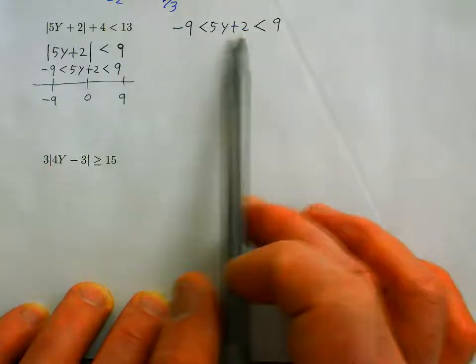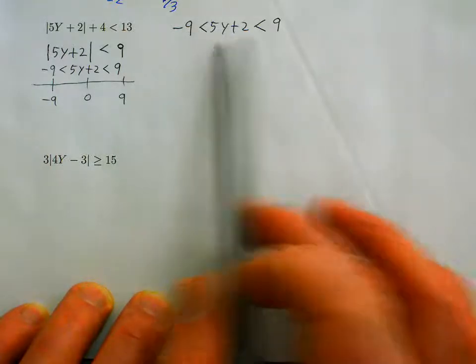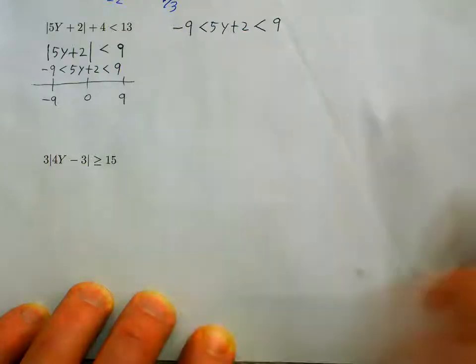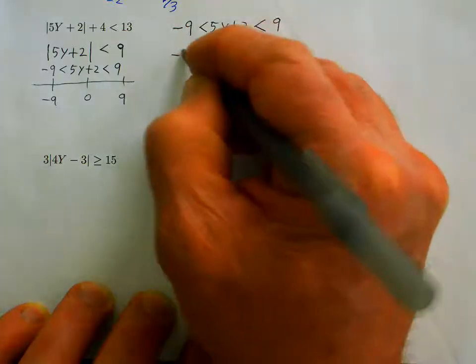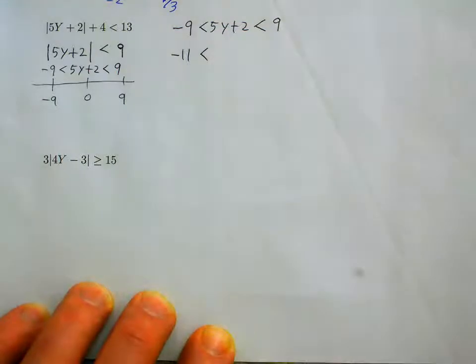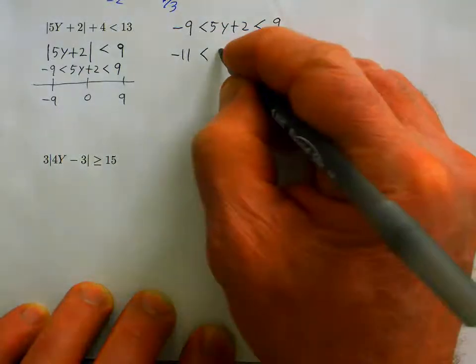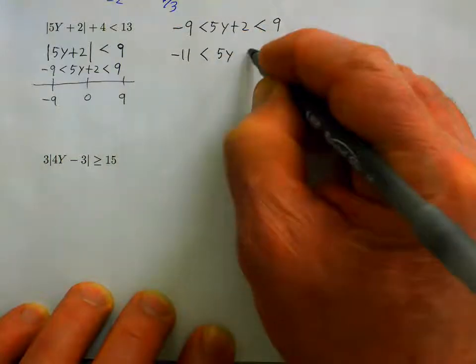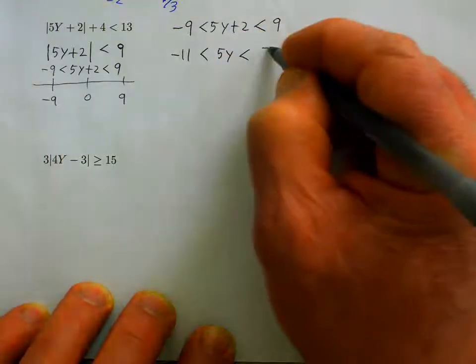So to solve for y, we subtract 2 from each of the 3 parts. -9 minus 2 is -11. That's less than 5y plus 2 minus 2, which is 5y, and that's less than 9 minus 2, which is 7.